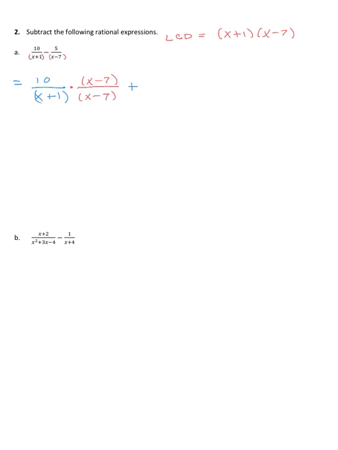And for the second fraction, sorry, I made a mistake there. That should be minus, since we're subtracting instead of adding. But for the next fraction, I have x minus 7. I don't have the x plus 1, so I'll multiply in x plus 1.